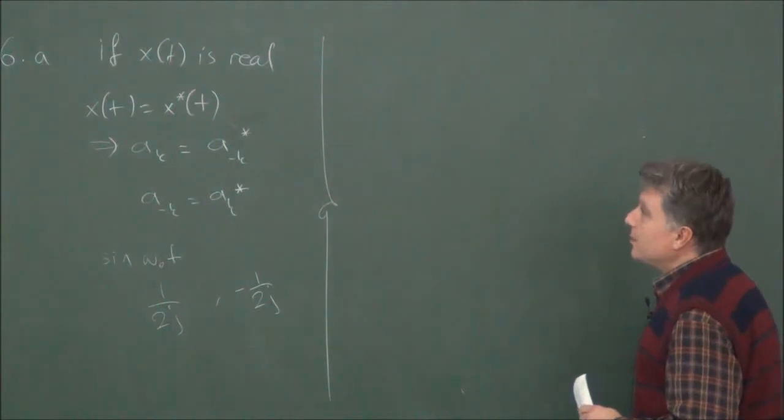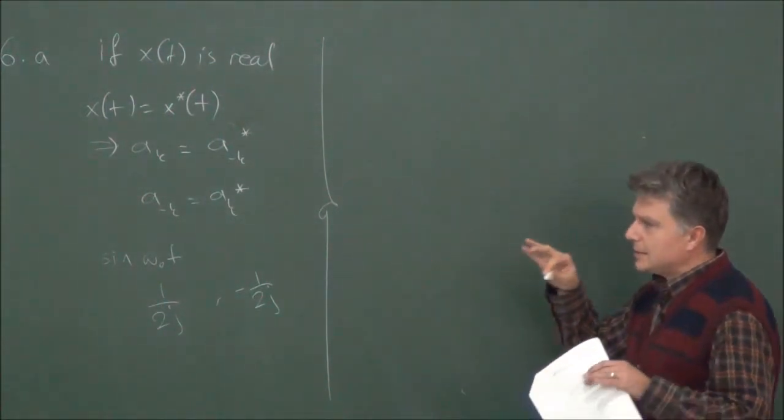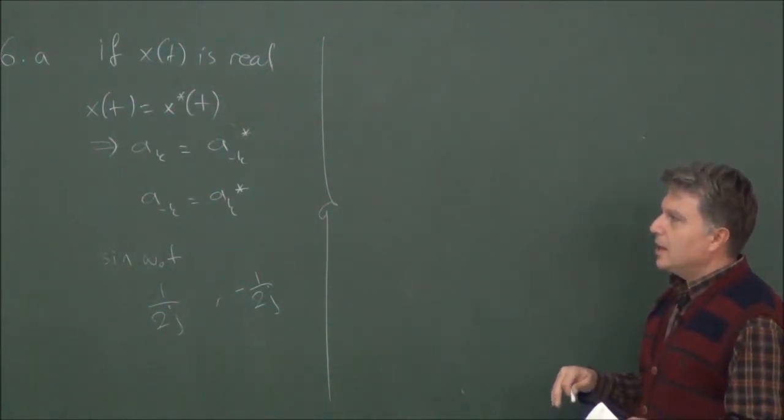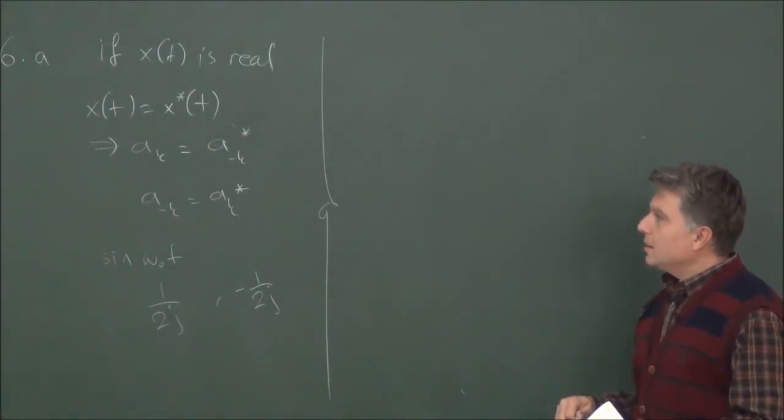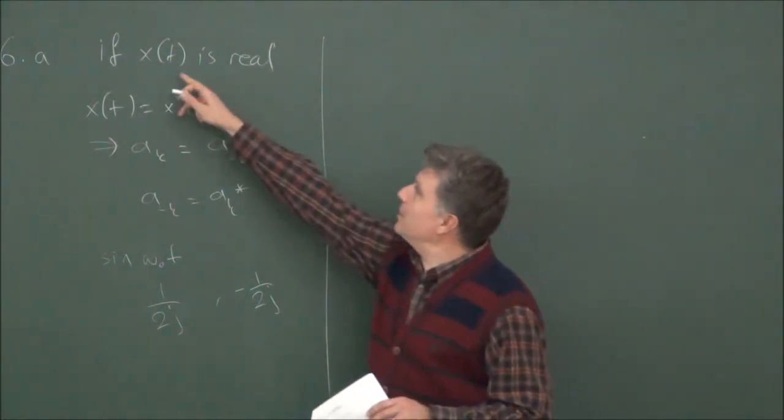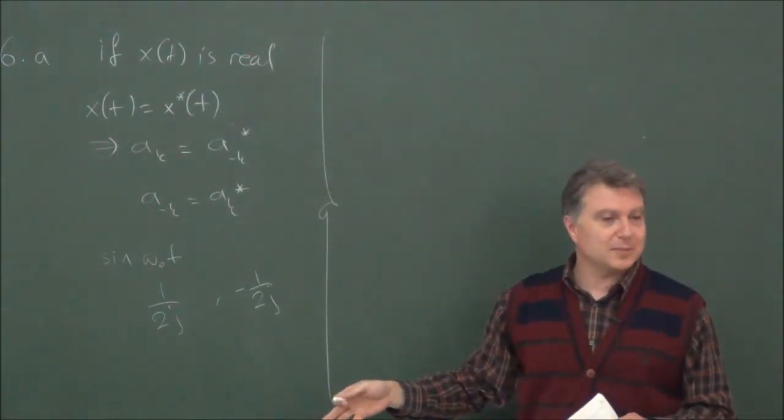And the final property, of course, these properties are just starting properties. We may expand or extend these things to other things. For example, if x(t) is purely imaginary, then what would happen? Can you tell me?